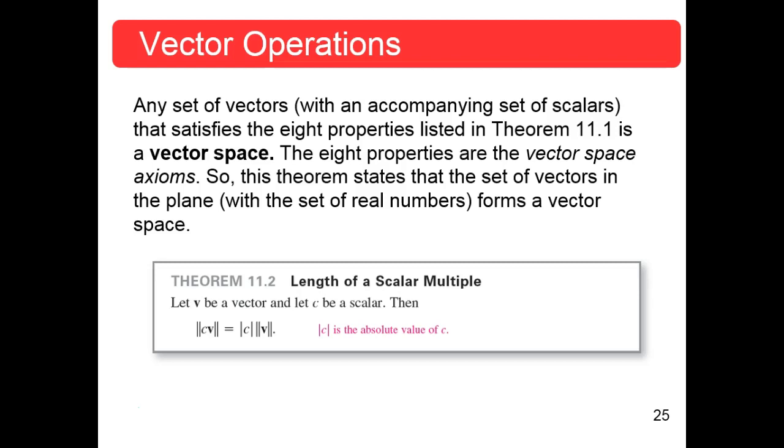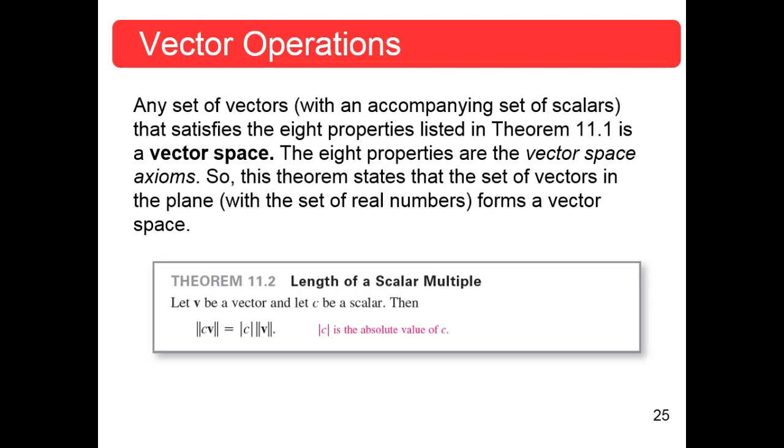So here's theorem 11.2. The length of a scalar multiple. It would be a little bit better if they put the word vector at the end, but it's okay. Let V be a vector and let C be a scalar. Then, what is the magnitude or the length of the product of C times V?